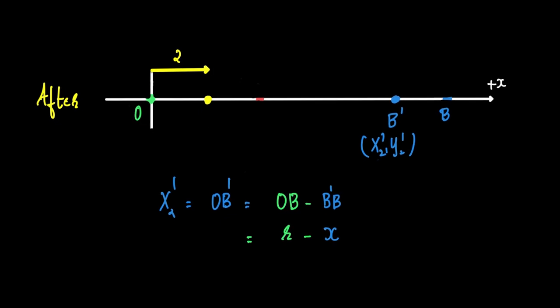See, when B is shifting towards the center of mass like this, the new coordinate is actually the length of this segment. So we can say that x2 dash, oh sorry, it should not be B dash, it should be this length OB dash. Why?